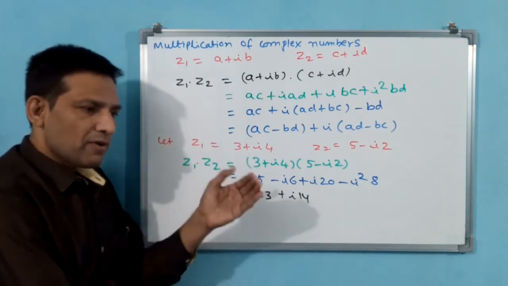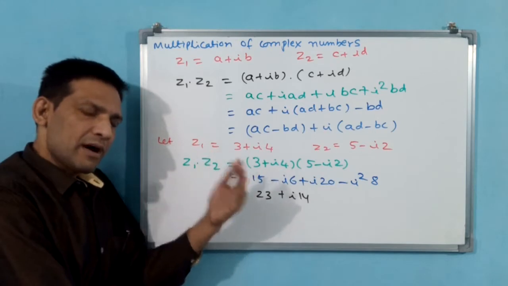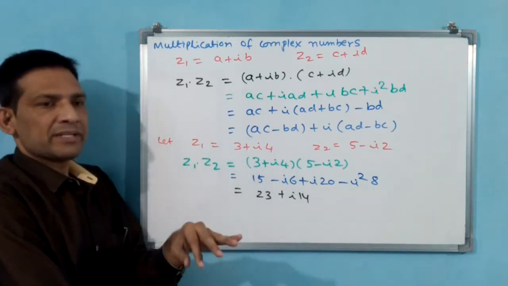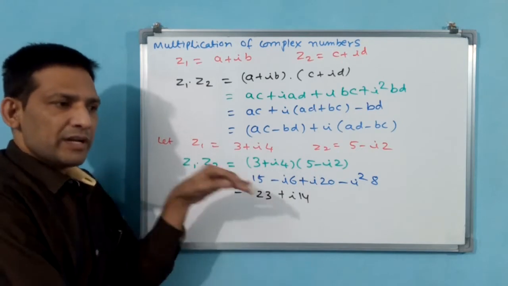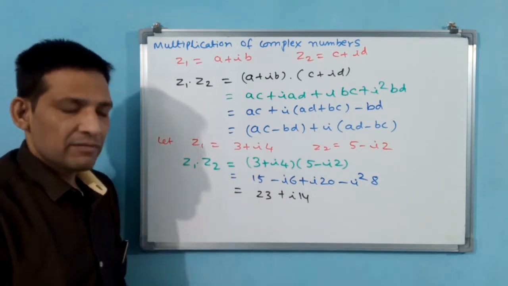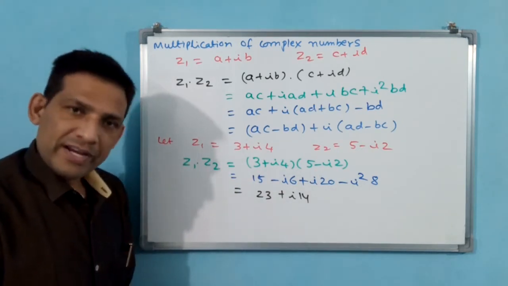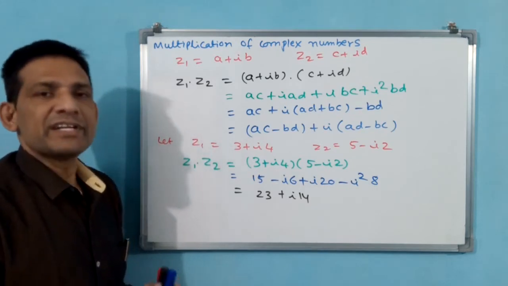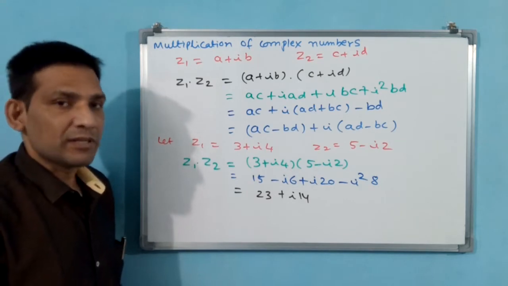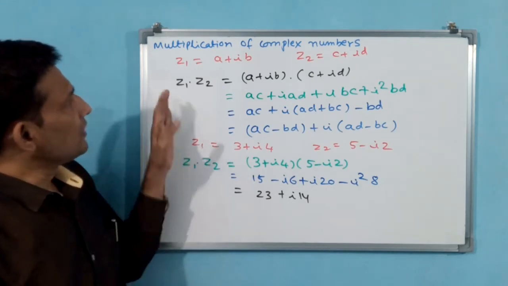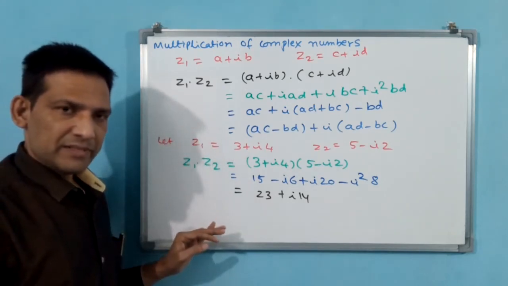Properties of complex numbers are different for addition, different for multiplication. In addition, properties will come; in multiplication, properties will come. Both are different. Additive identity is different, multiplicative identity is different. Additive inverse is different, multiplicative inverse is also different. Now we have seen multiplication of complex numbers.